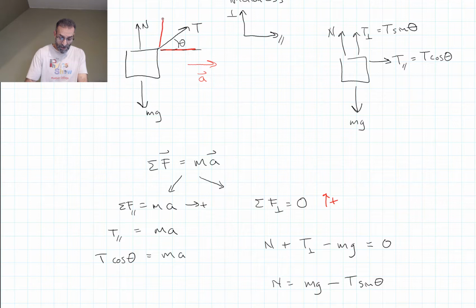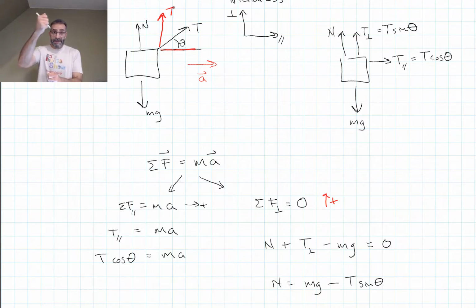If we pull almost straight up with our tension force, the normal force is going to get smaller and smaller as we pull with a steeper angle. The force of gravity is not going to change. But the bigger the component of the tension in the vertical direction, the more the tension will hold up the weight, and the normal force will be less and less.